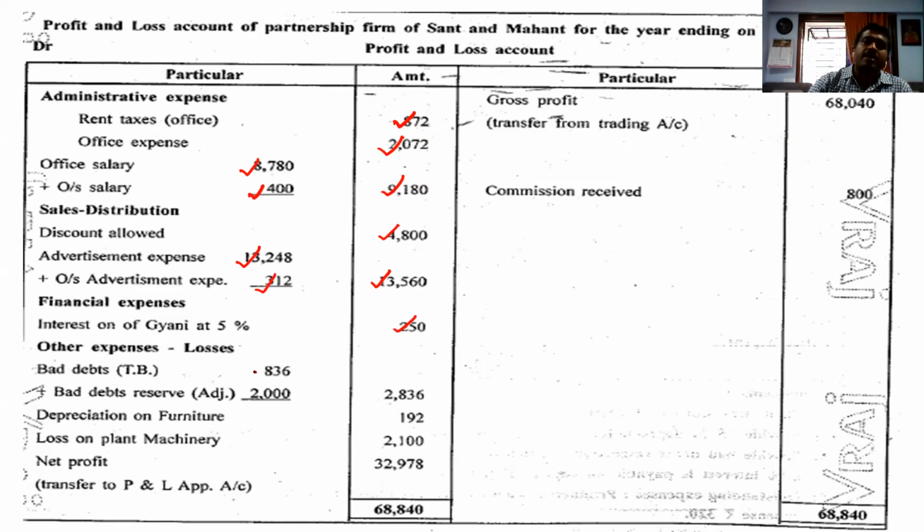Bad debt: trial balance 836 and bad debt adjustment 2000, total 2836. Depreciation on furniture 192. Loss on sale of machine, that we have to see. Gross profit and commission receipt, that is left.